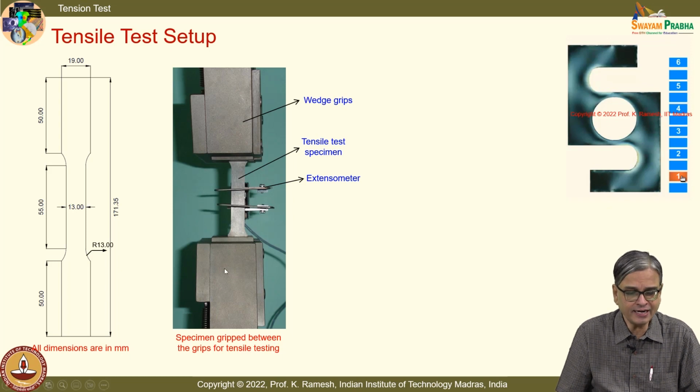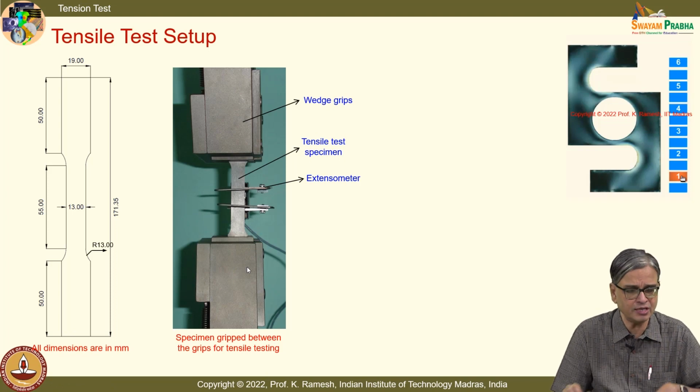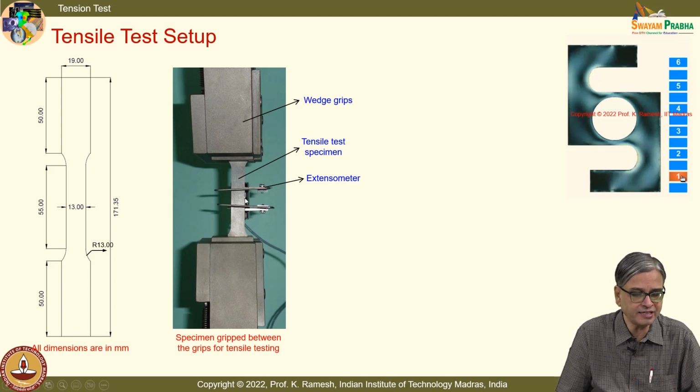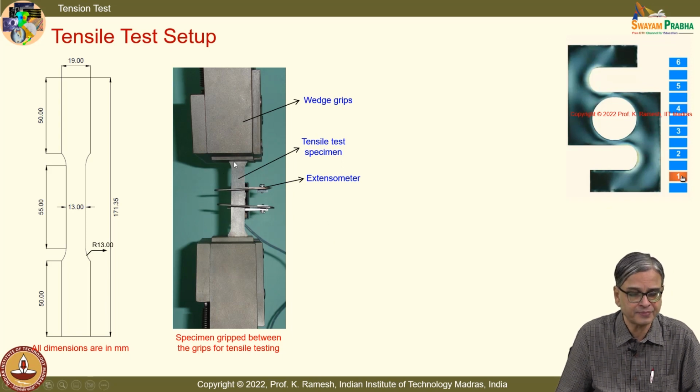So, when I conduct a test, obviously you cannot pull it with your hand because it is made of steel, it is very, very strong. And when you have sufficient thickness, you need a testing machine which has maybe 10 kilonewton capacity for you to do the tests. And you have a system to measure the force, which is not shown here, that would have a spring element like this.